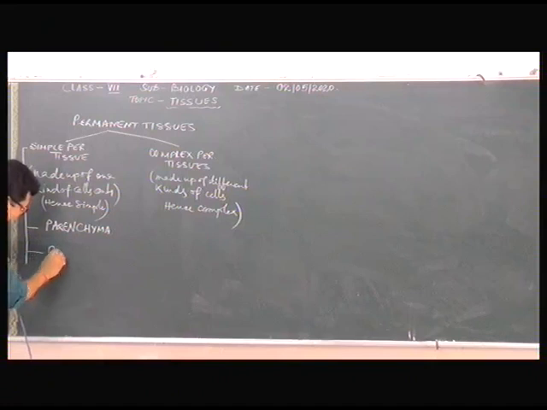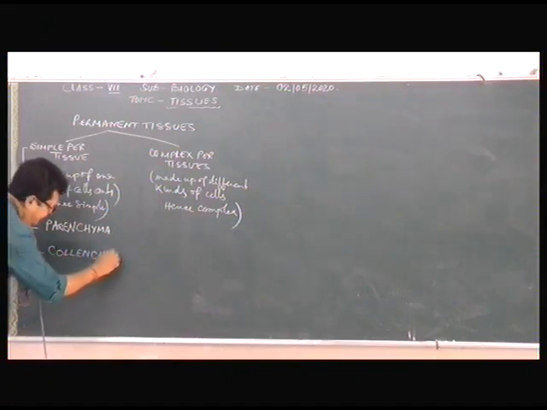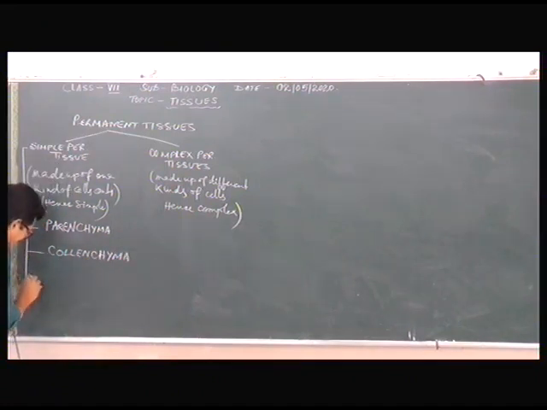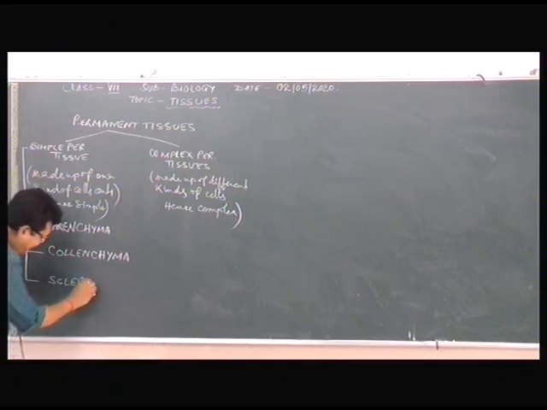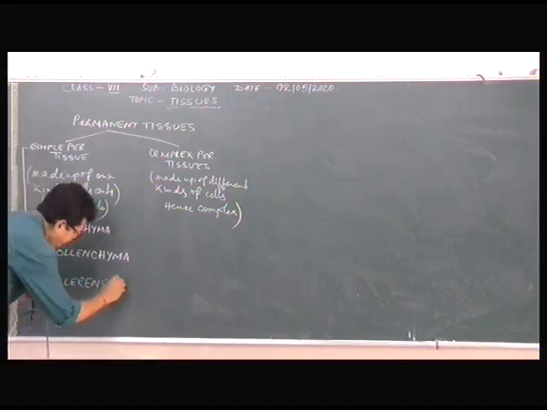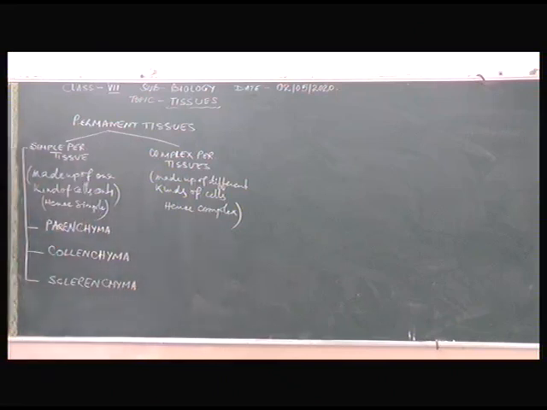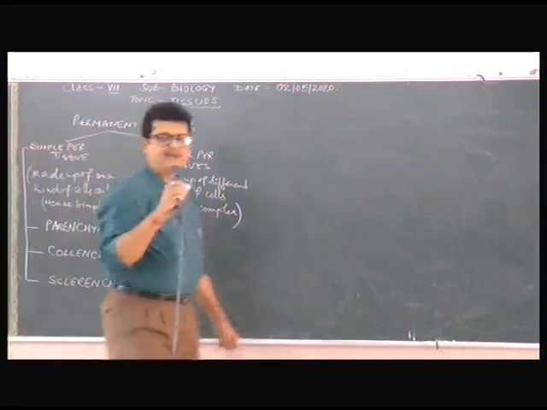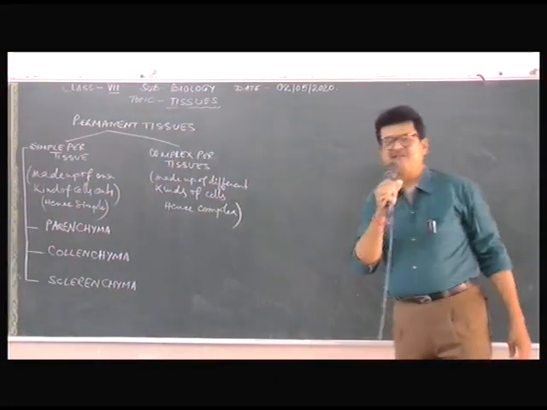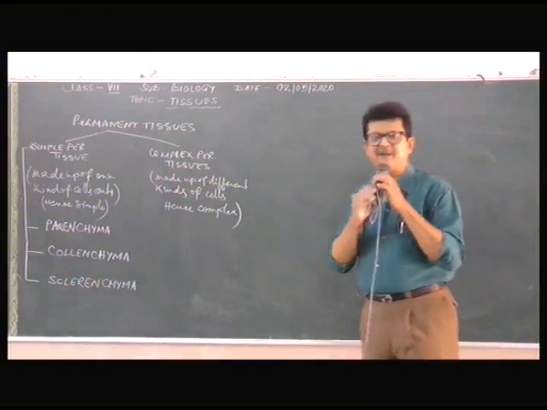Number two, collenchyma. And number three, sclerenchyma, S-C-L-E-R-E-N, sclerenchyma. These are the three simple permanent tissues. Parenchyma is made up of only parenchymatous cells, collenchyma is made up of only collenchymatous cells, and sclerenchyma is made up of only sclerenchymatous cells.